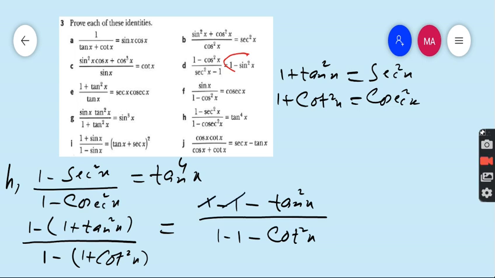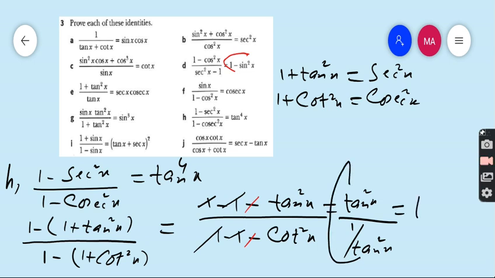This minus cancels by this minus. So tan square x upon what is the reciprocal of cot? Tan. And cot square reciprocal is 1 upon tan square x. And this tan square x multiplied by this tan square x, so tan square into tan square is tan 4x. Hence it is proved that left hand side is equals to right hand side, because we achieved right hand side.